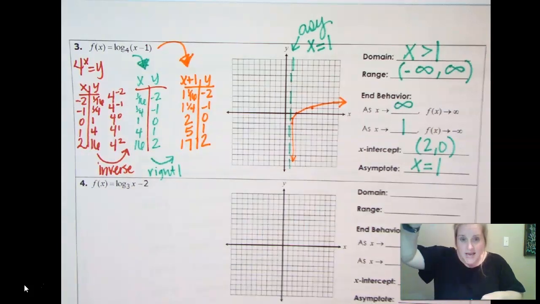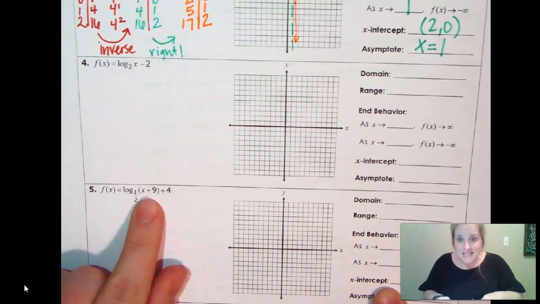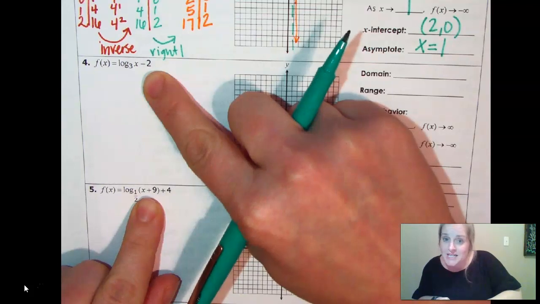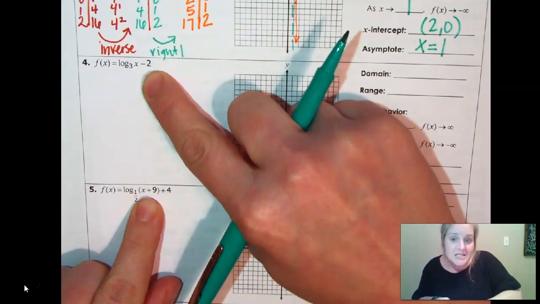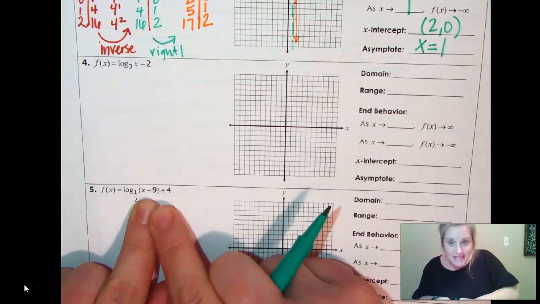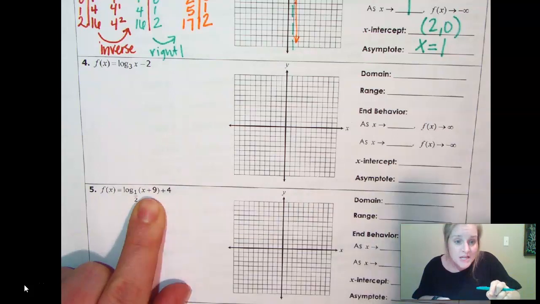If we look down the page, this one is plus 9 inside the parentheses. This is minus 2, but it's not inside the parentheses. So since it's not inside the parentheses, it's not horizontal. It has to be inside the parentheses to be horizontal. So this one is plus 9, which means its horizontal shift is going to be to the left 9.